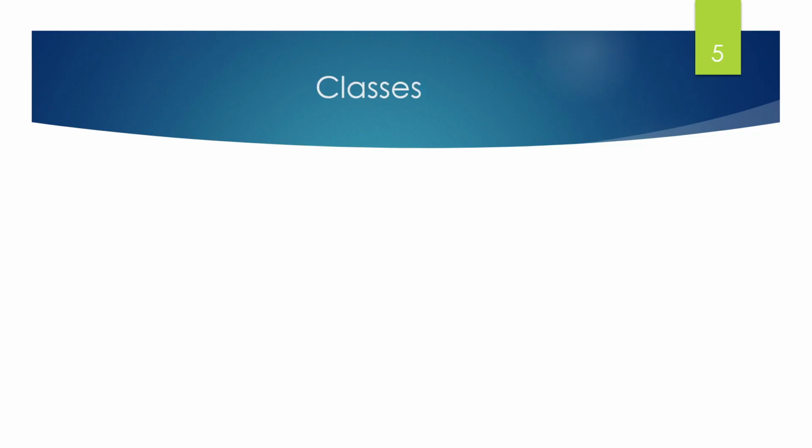In Java, we can have a class inside a class. These are called nested classes. Classes can be divided into nested and top-level classes. According to the Java specification, a top-level class is a class declared directly in a compilation unit. We will review what this means in our later videos.